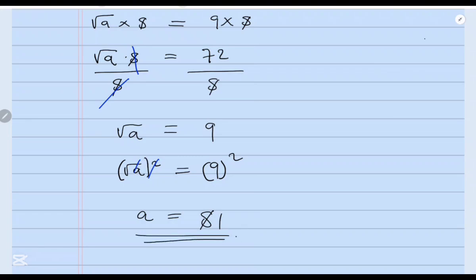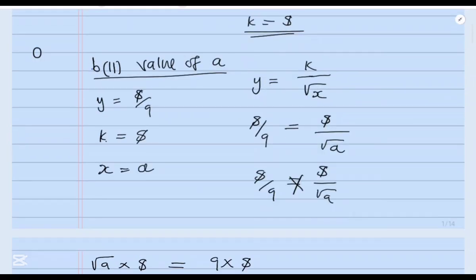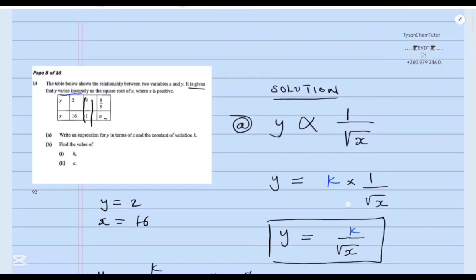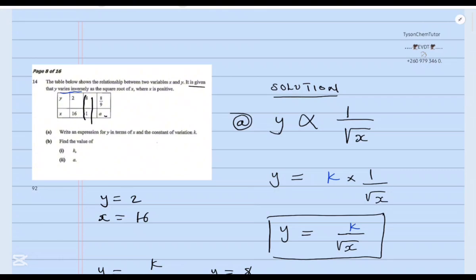So this is the value of a. That's it, meaning we have exhausted all the questions in this variation question, which is A and B.